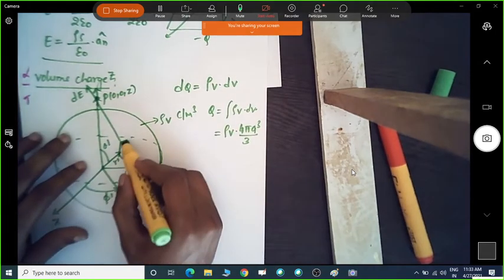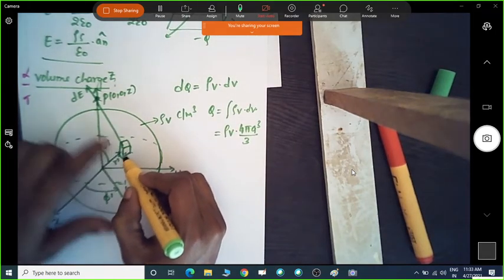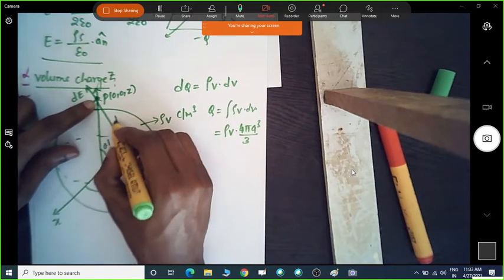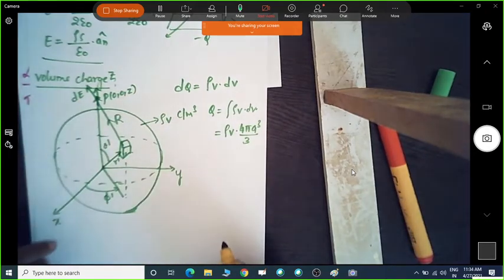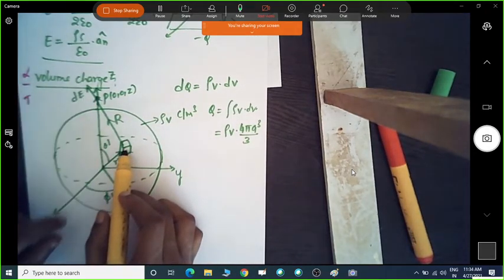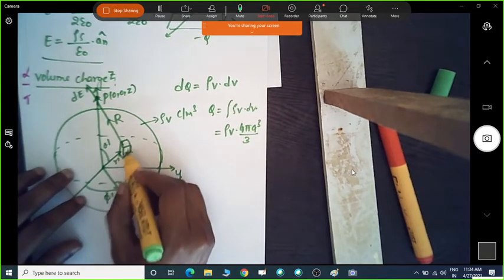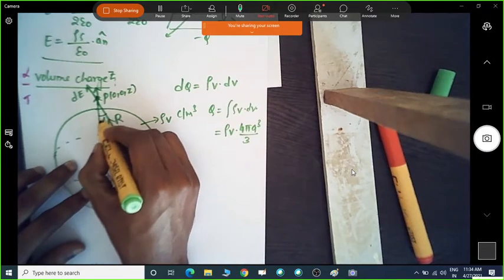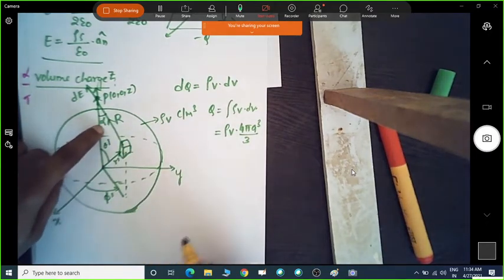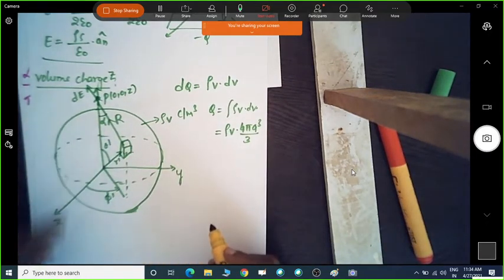Now from this small elemental volume to the point p, we have the vector r. The distance between this point and the small elemental volume we can represent as r, and this vector makes an angle alpha from the z axis.